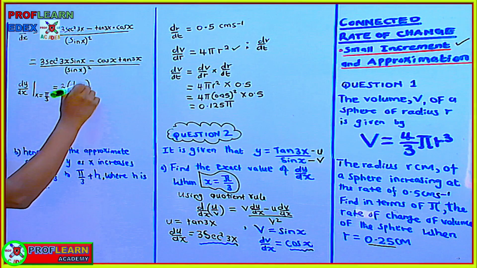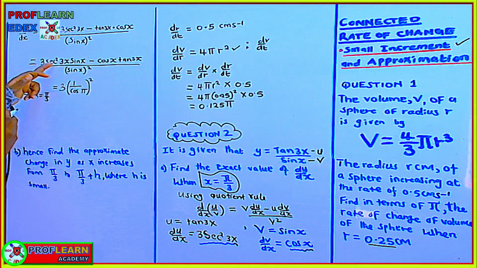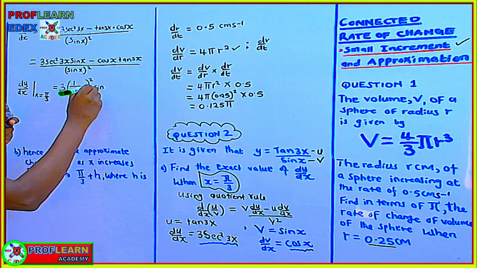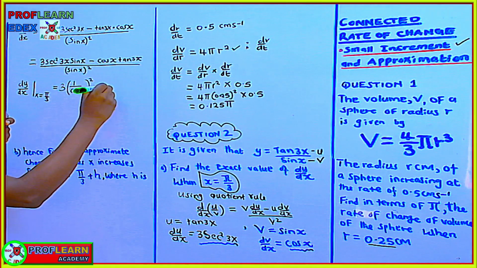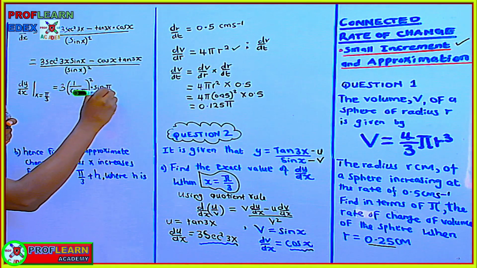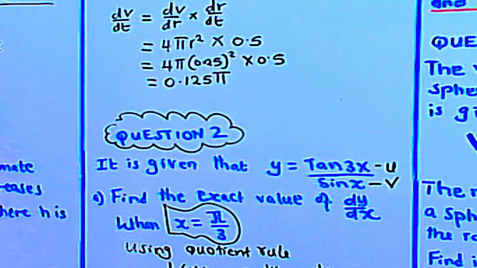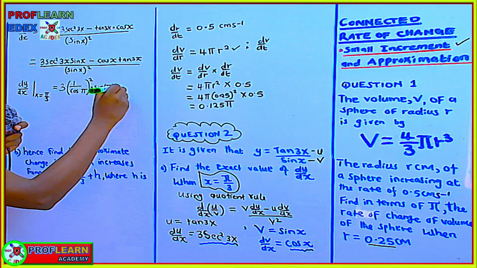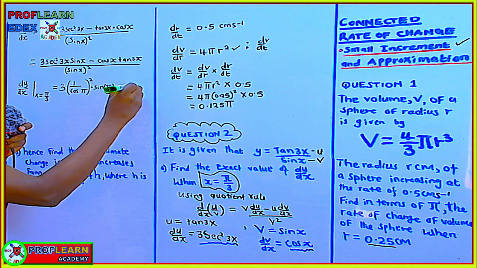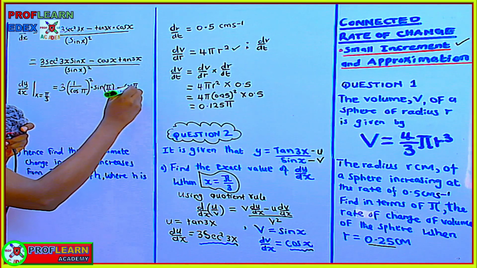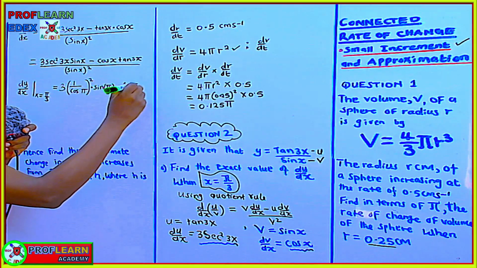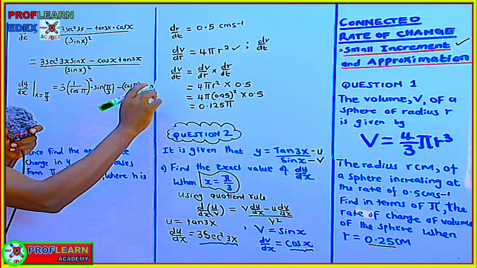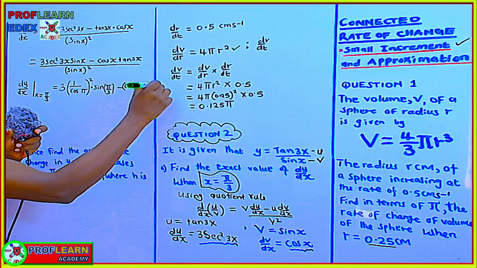Everything is going to be squared because this sec was squared. Then that is multiplied by sine pi over 3. We are going to put that in the calculator as well. And then minus cos pi over 3 tan pi.